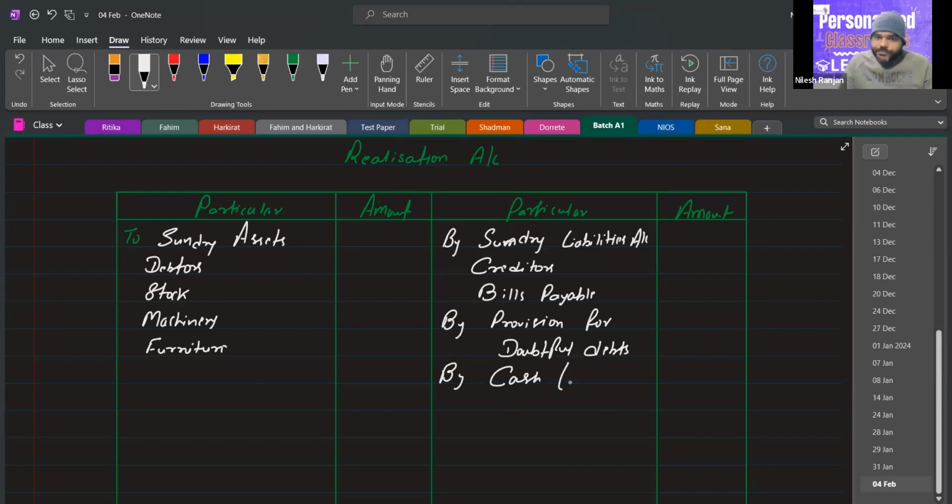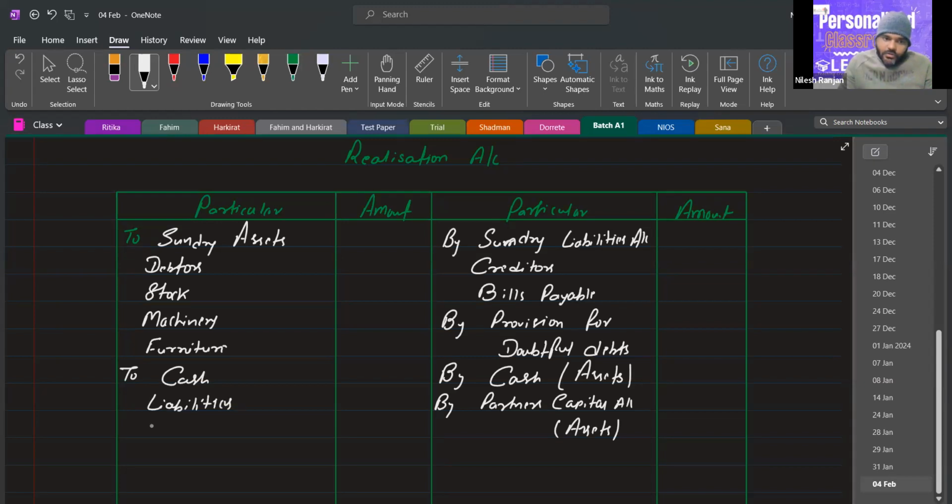By cash, assets, and by partners capital, assets. Here it will be to cash, either liabilities or dissolution expenses, and to partners capital.